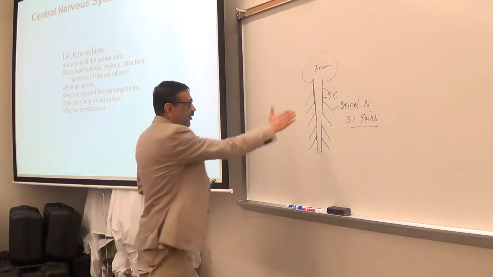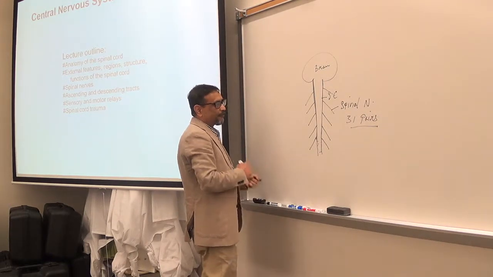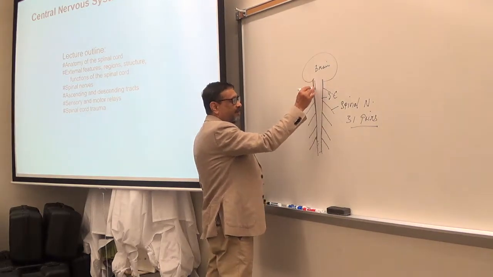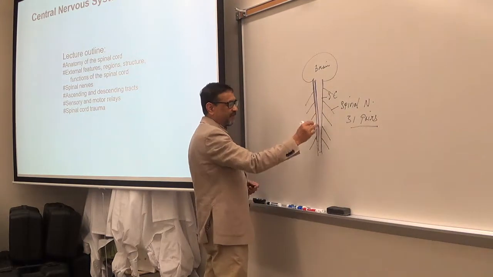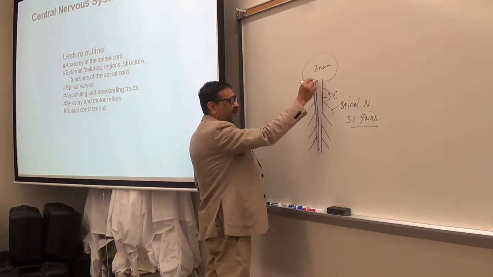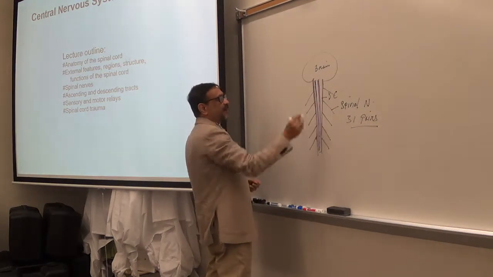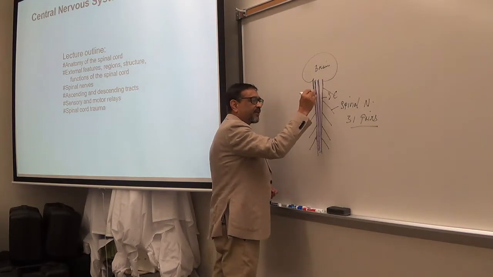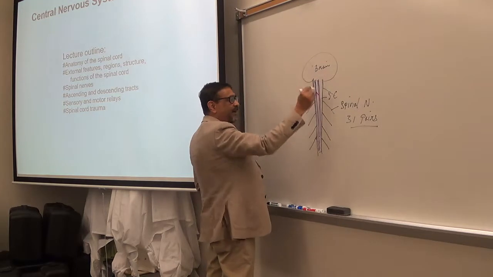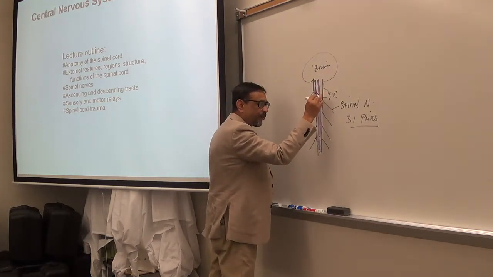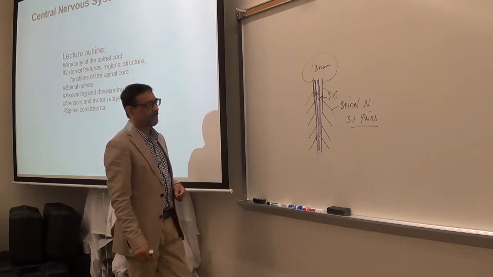If you cut the spinal cord and see inside, you will see bundles of fibers. Those are called the tracts. Some of those bundles of fibers are going upwards, taking the signal to the brain, and some of those tracts take the signal out from the brain.